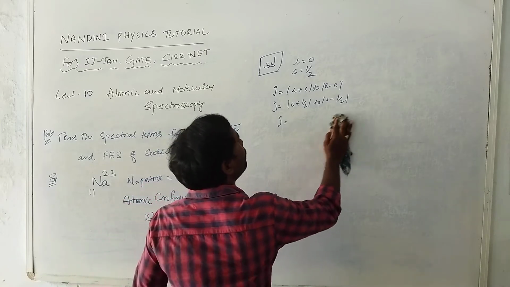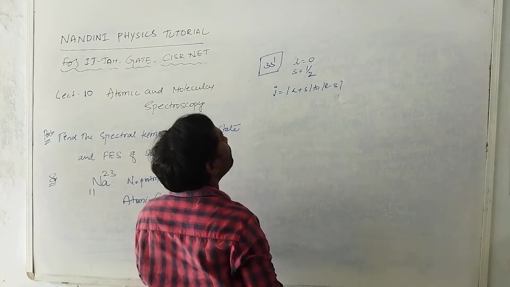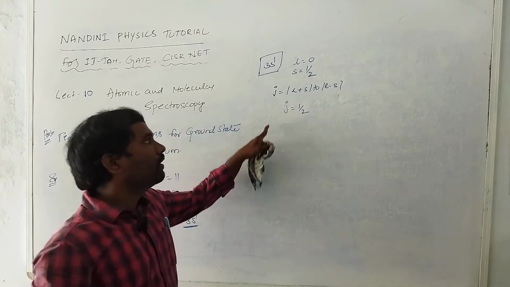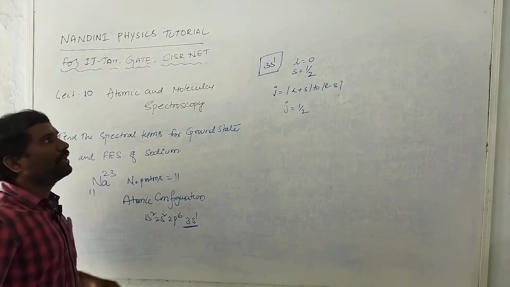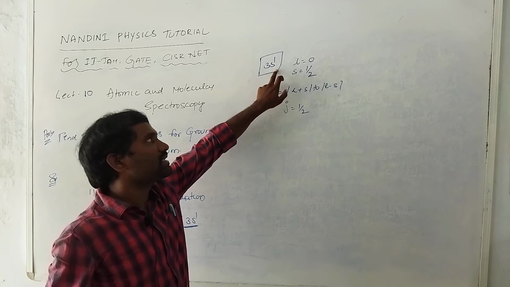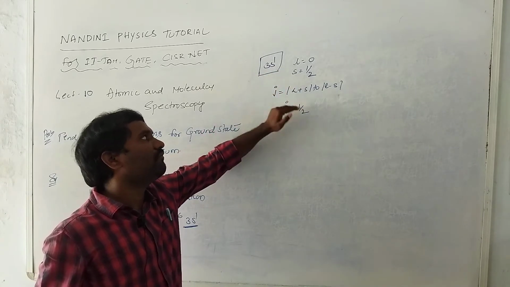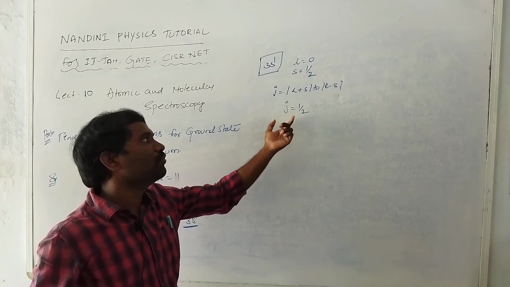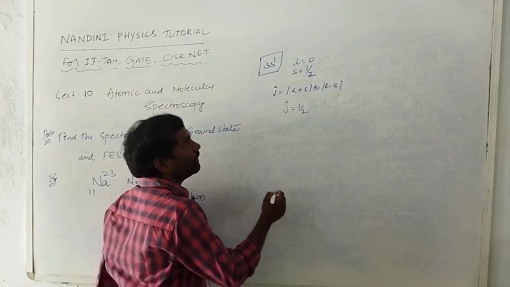Therefore J is equal to 1 by 2 only. This is the total angular momentum, J equals 1 by 2.